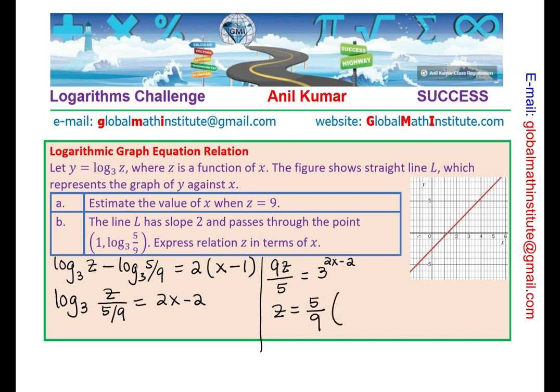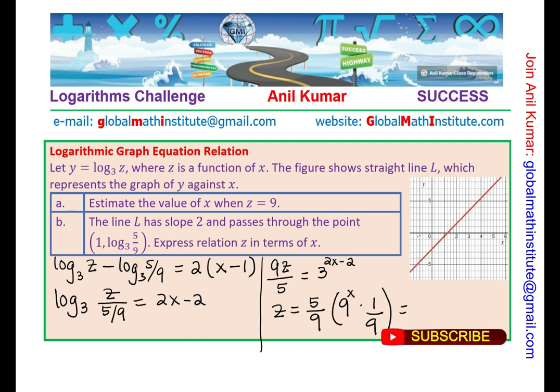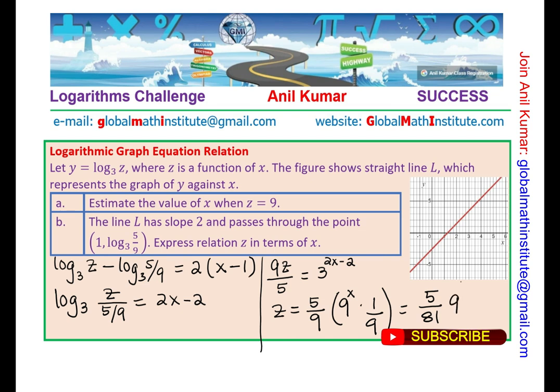Now, 3 to the power of 2x means 9 to the power of x. Minus 2 means dividing, so times 3 to the power of minus 2, which is 1 over 9. So 9 times 9 is 81, and you get 5 over 81 times 9 to the power of x.